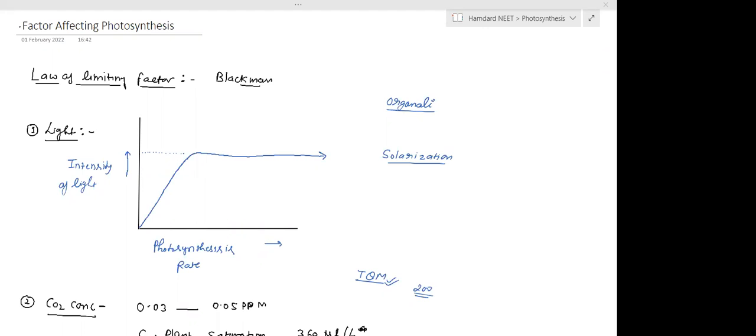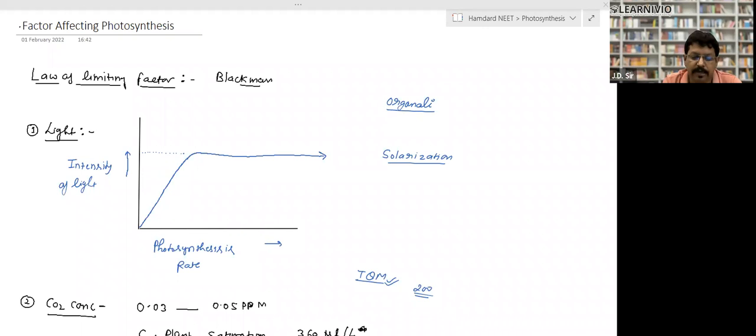Carotene is highly diffusible, then pheophytin, xanthophyll, chlorophyll A, chlorophyll B. Due to the different rates of diffusion, they reach different levels. So on that chromatography paper you will find the different pigments at different parts.